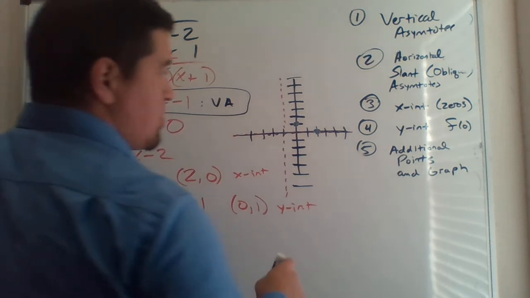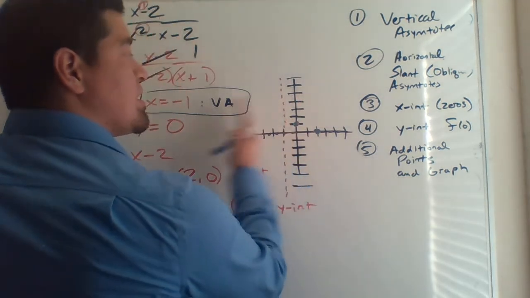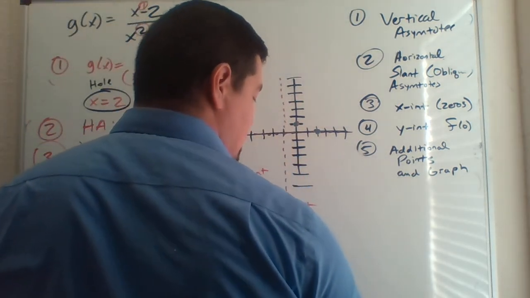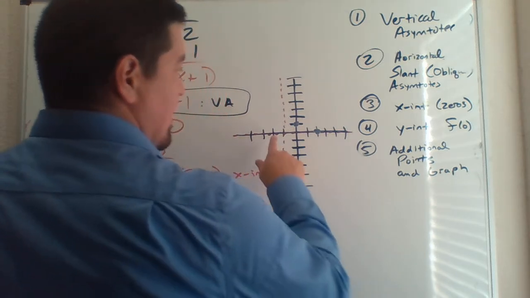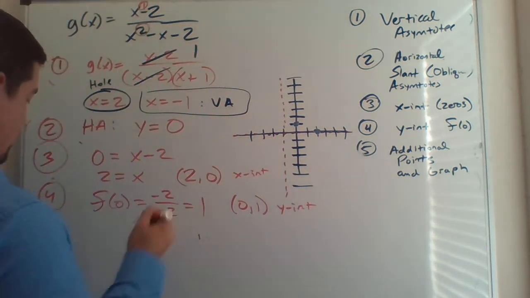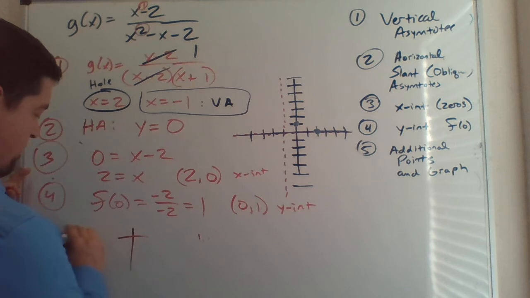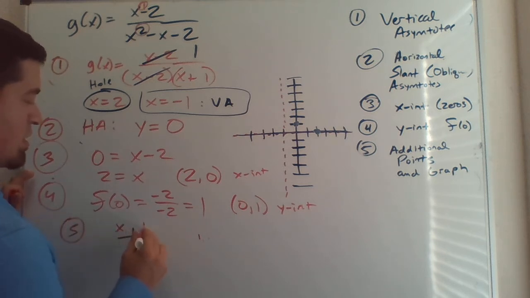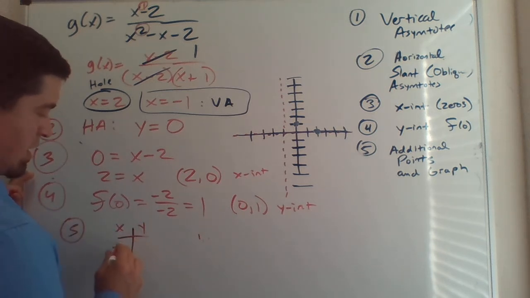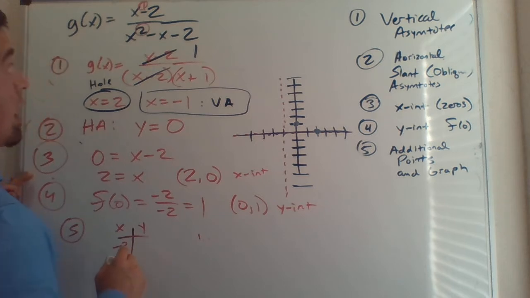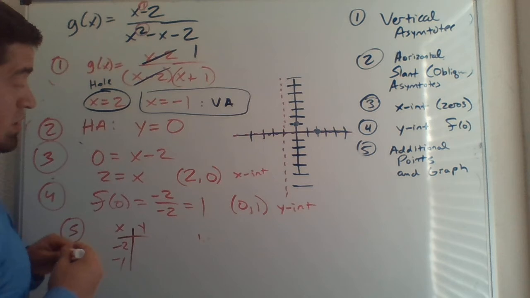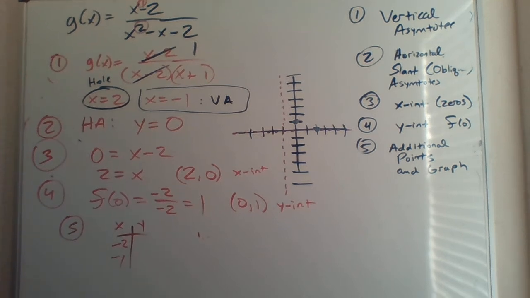Now I probably do want additional points because I don't have anything on this side of the vertical asymptote. So maybe like -1 and -2. So I'll make a quick table for step 5, additional points. Okay, so I'm going to do -2, -1. I'll just plug them in. -2 minus 2, well, we'll use a calculator.